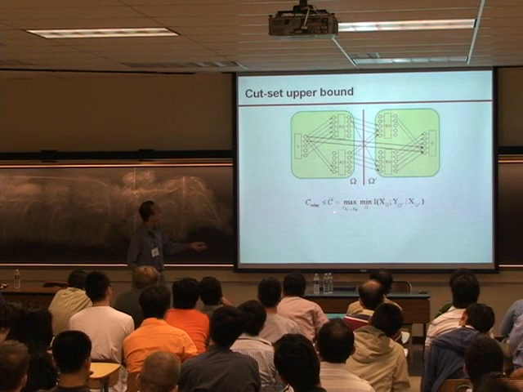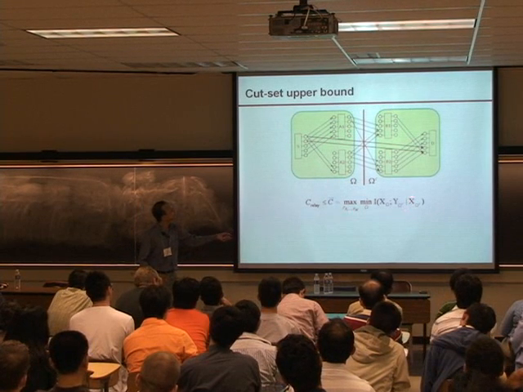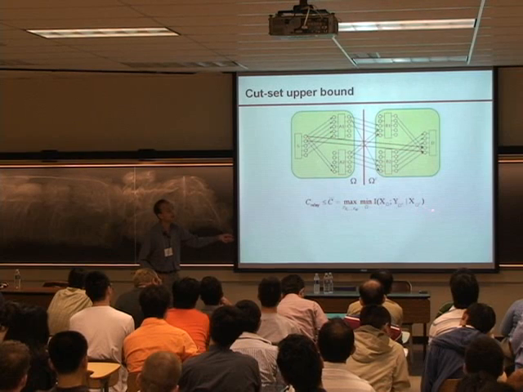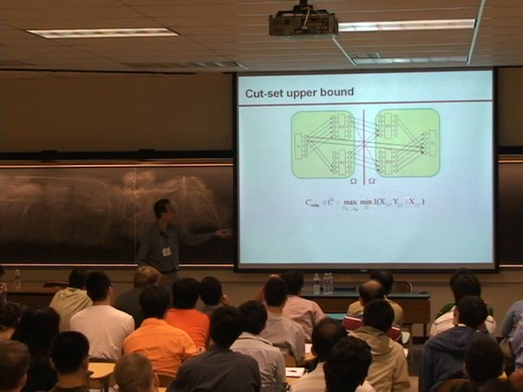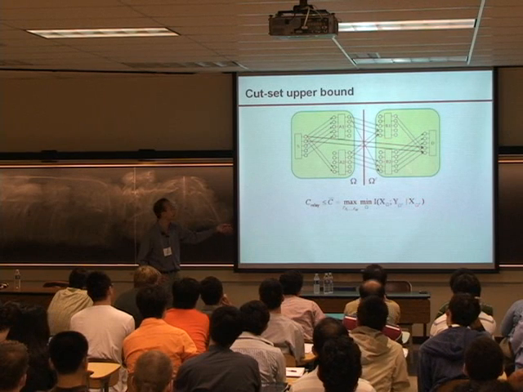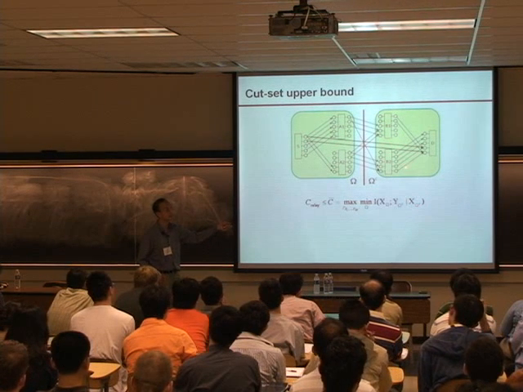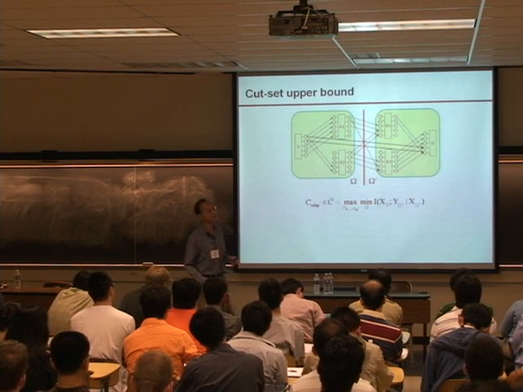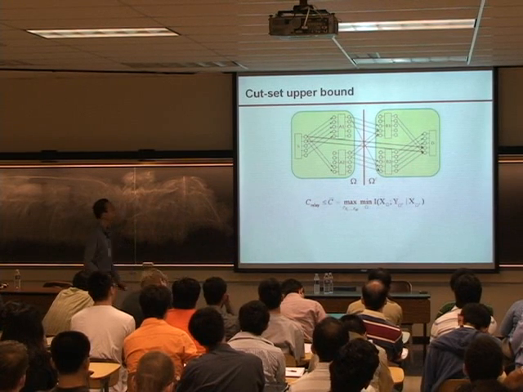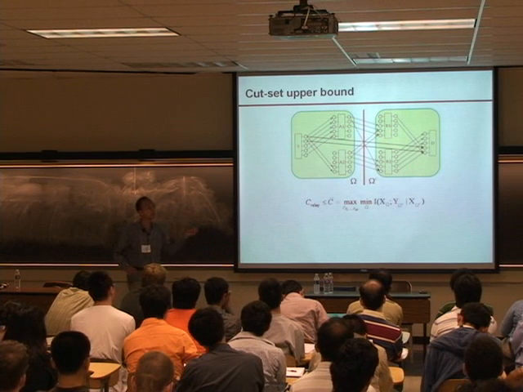Two, the fact that you're conditioning means that somehow you are able to remove the message you transmit on the right-hand side. None of this is a priori clear that is achievable. Okay? So this is the cutset bound. In any case, it's the upper bound.